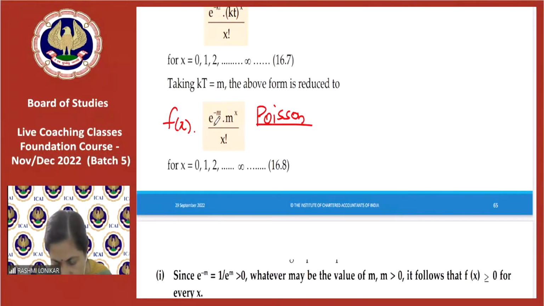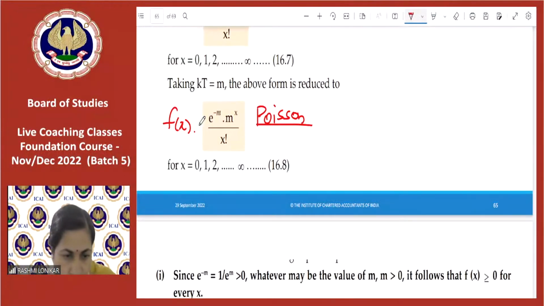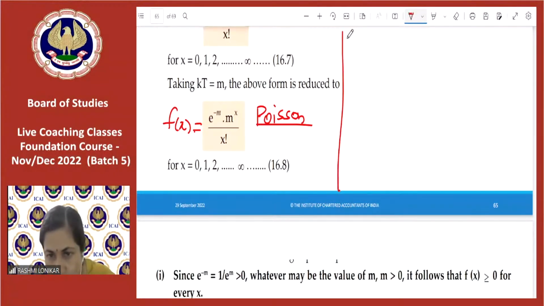We are taking 16.13, right? So you remember this formula now, Gurleen? e raised to minus m, m raised to x upon x factorial. x is going from 0, 1, 2, 3. I will just solve it here itself. So we are talking about 16.13.